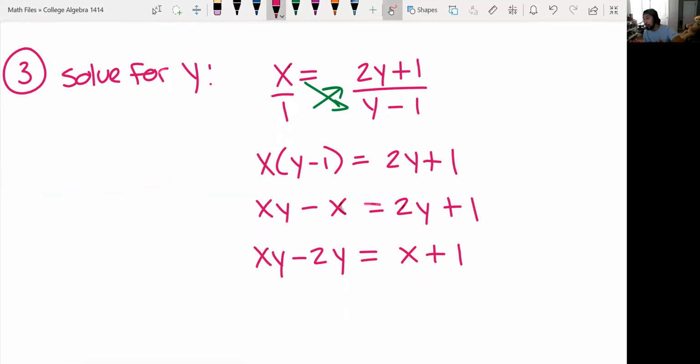And again, I'm going to remind you, what variable are you solving for? And you are going to say y. You are solving for y. So what can you do on the left side? You can factor out a y.